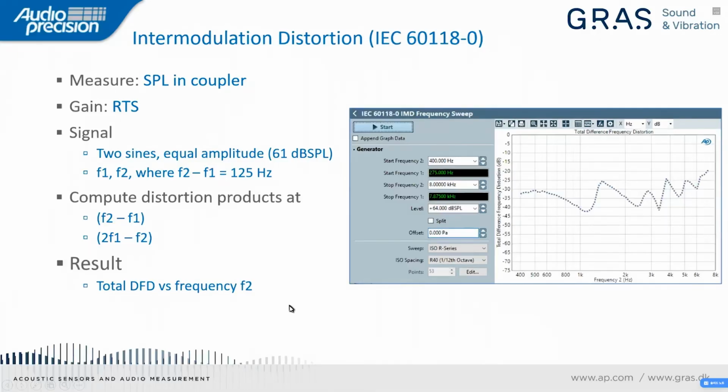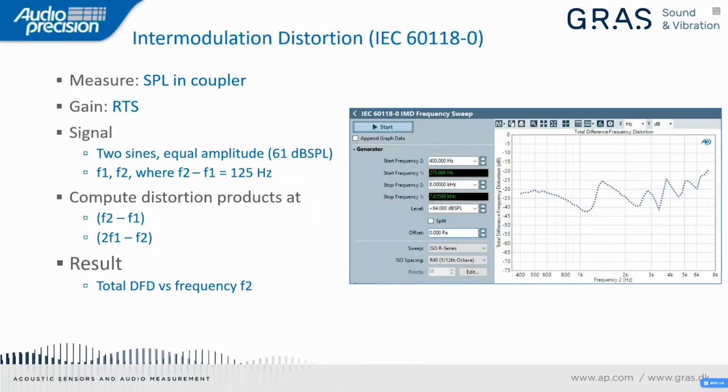This one only has two distortion products, F2 minus F1 and 2F1 minus F2, and we want to plot the total difference frequency distortion versus F2. Just like for the ANSI, we've added a separate measurement in sequence mode called IEC 60118-0 IMD frequency sweep. If you want to do these measurements, you simply add one or the other to your signal path and set it up, and it does the measurement and provides the result.